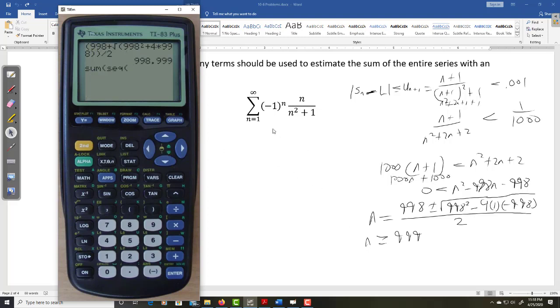Let's see, the sequence would be n over n squared plus 1. So x divided by x squared plus 1, comma, x, comma, 1, comma, 999. Close the sequence, close the sum.